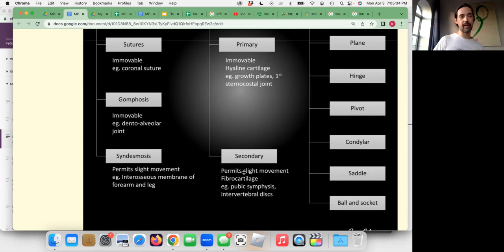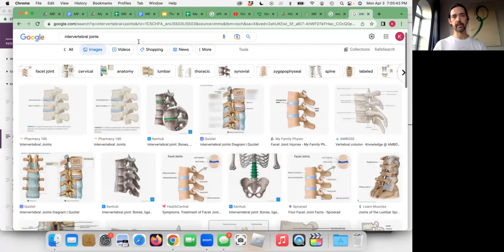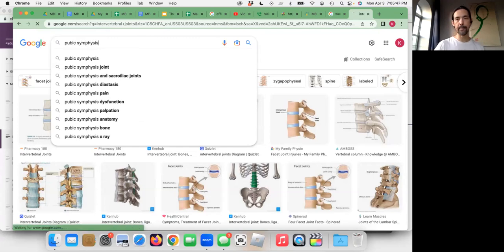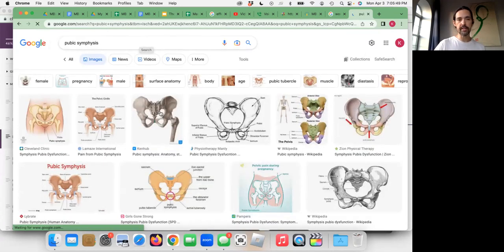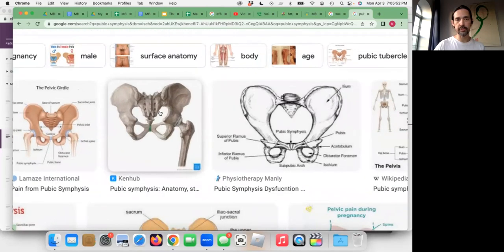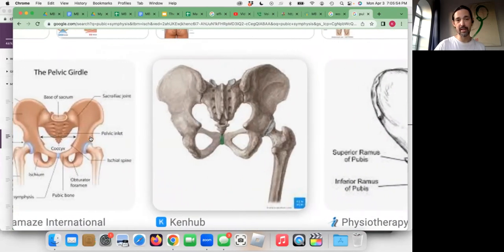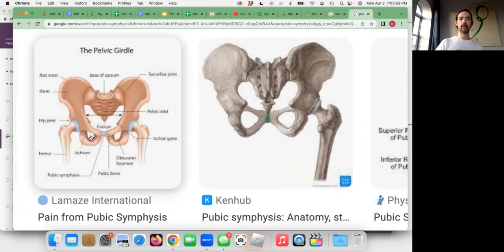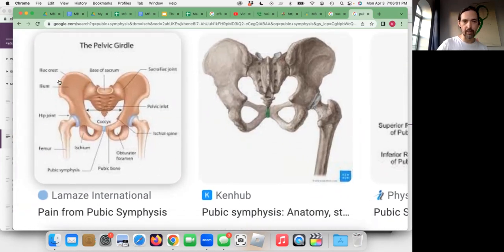And the secondary joints are filled by fibrocartilage. So that's the joints between the vertebrae, the intervertebral joints that we just saw, and then the pubic symphysis. So if we look at the pubic symphysis, we see that it is a ring of cartilage, the same concept as the intervertebral disc. And again, let's get oriented. So we have the top and the bottom, or the superior and the inferior portion of the pelvic bones.